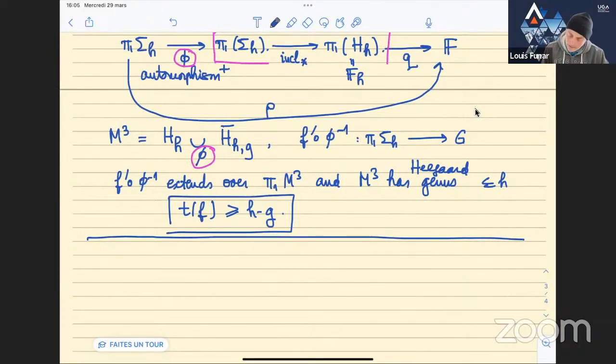Well, I didn't say anything very deep up here. It's just a way to rephrase the proof of Livingston and Zimmermann in more geometric terms.